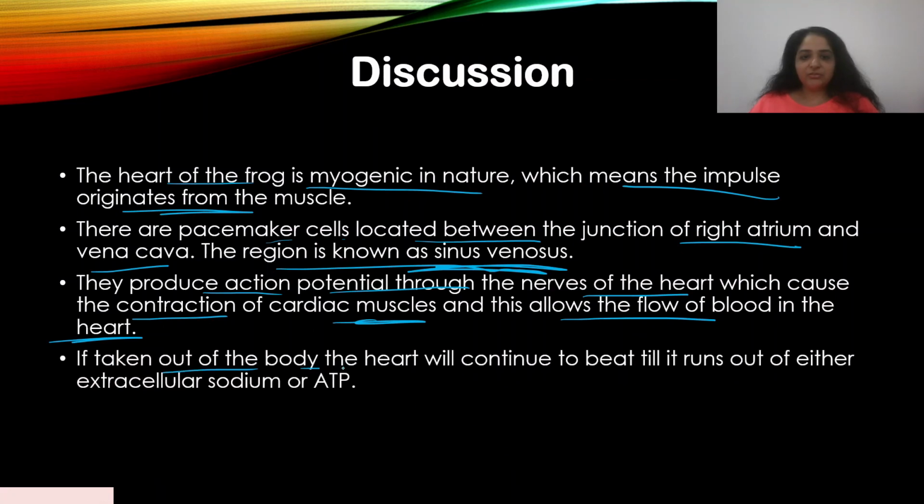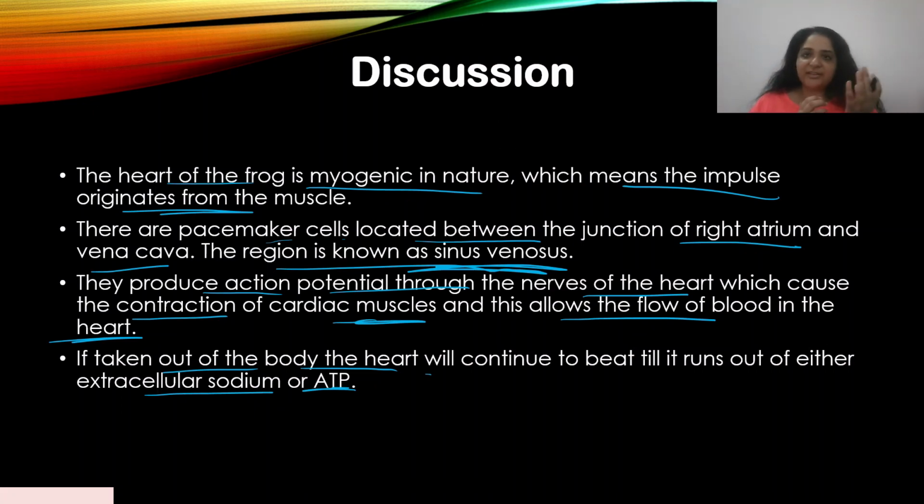Now, if taken out of the body, the heart will continue to beat till it runs out of either extracellular sodium or energy, that's ATP. So it's auto-excitable and it's myogenic in nature. It has the ability to beat on its own without any outside control from the body.